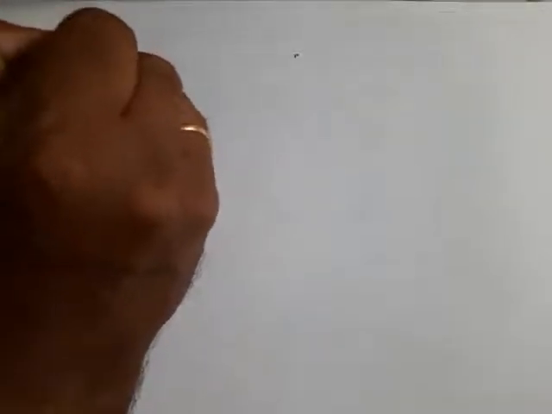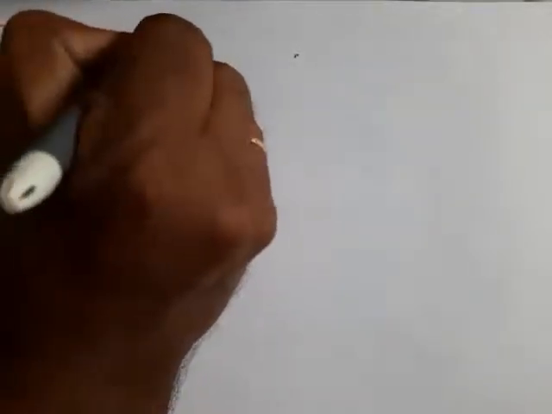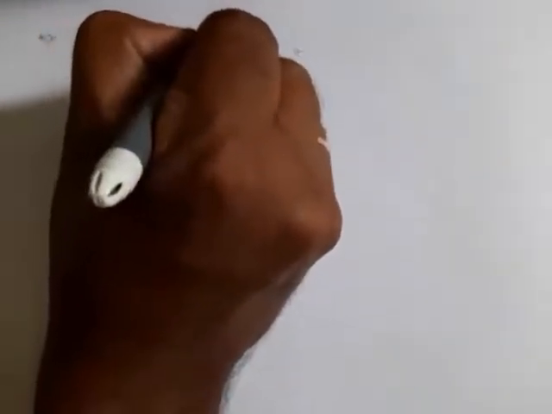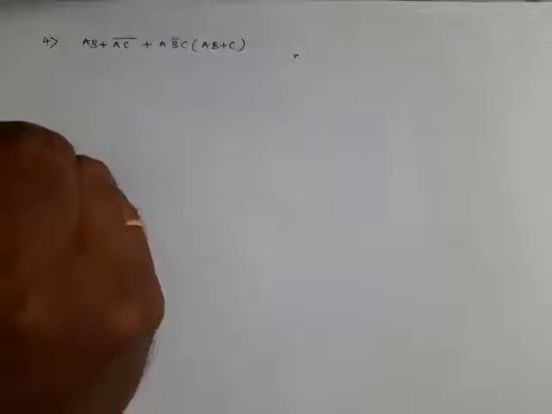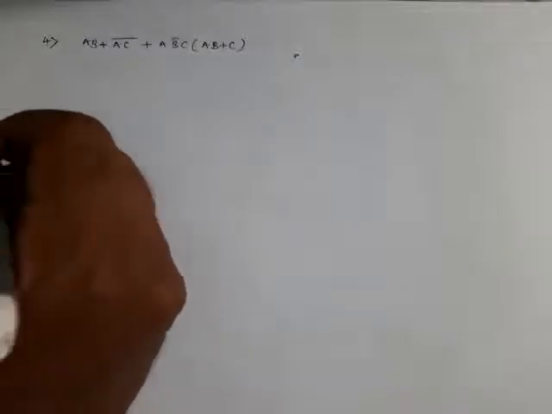The Boolean expression is AB plus AC bar plus A bar C times (AB plus C). So this is the expression that we need to simplify.